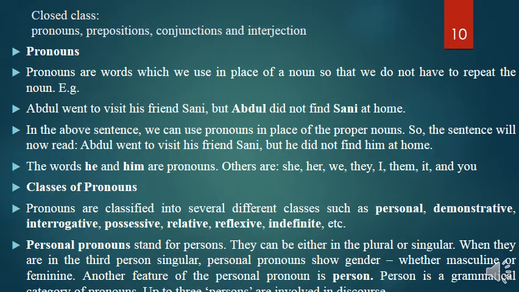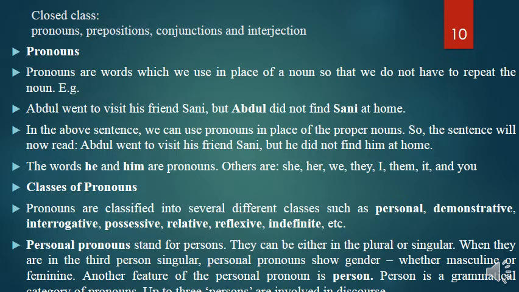For instance, Abdul went to visit his friend Sani, but Abdul did not find Sani at home. In the above sentence, we can use pronouns in place of the proper nouns Abdul and Sani.